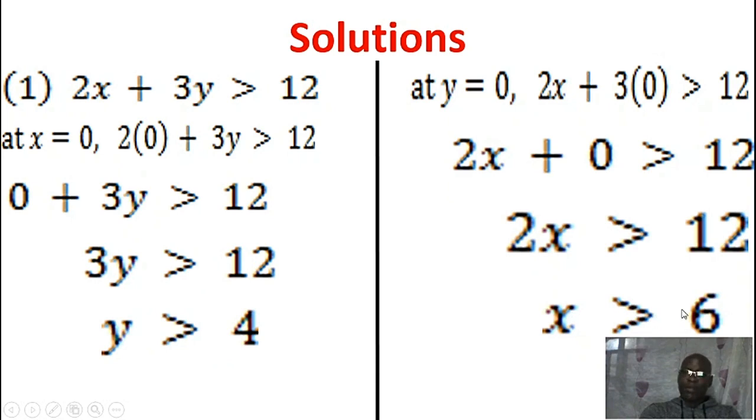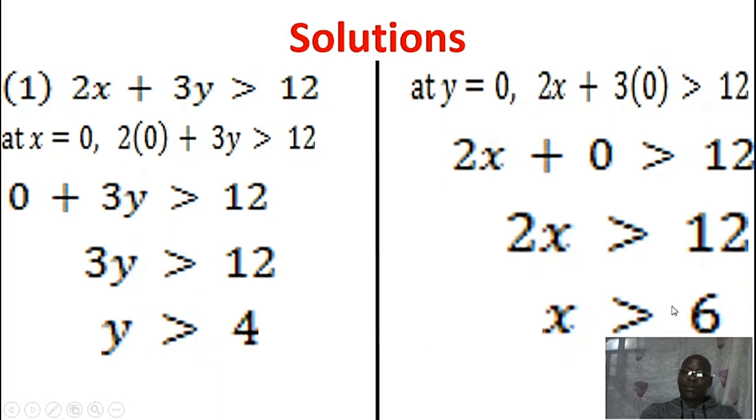In summary, a combination of this and that will show us that if we are to draw the graph of this inequality, we shall get a set of points y greater than 4, and a set of points x greater than 6.